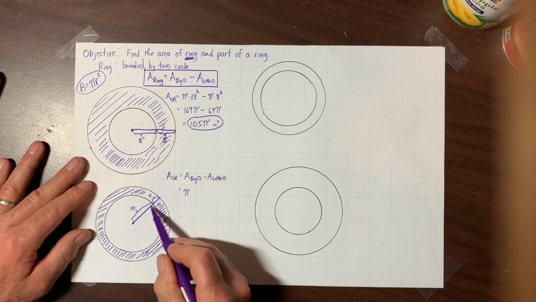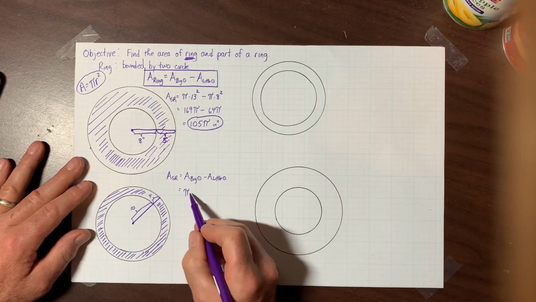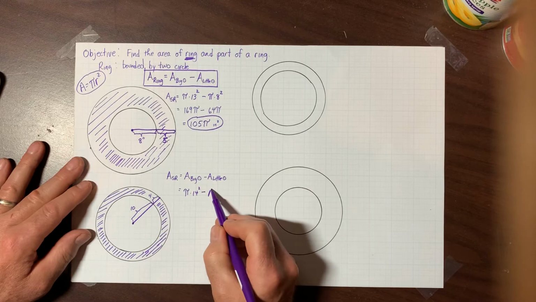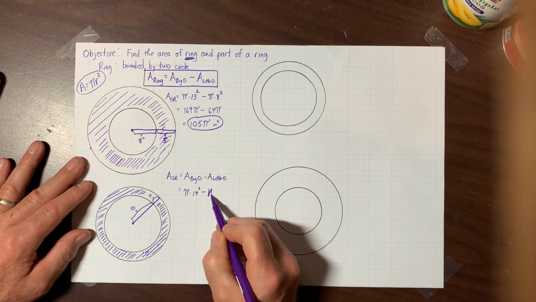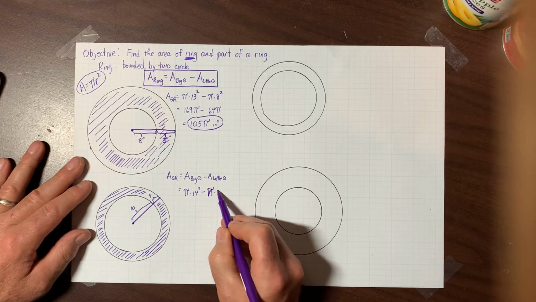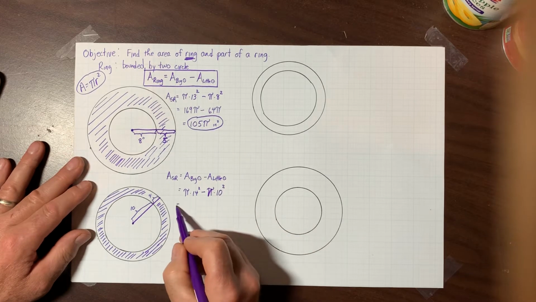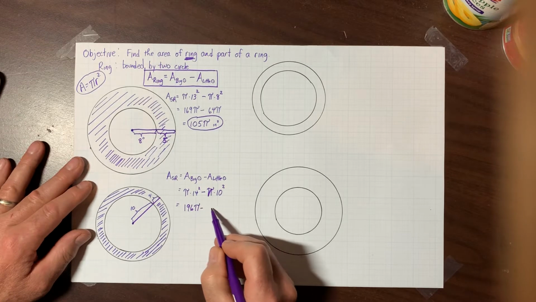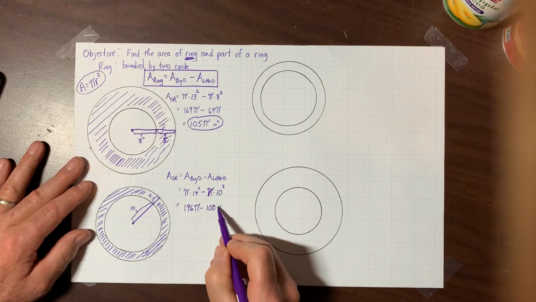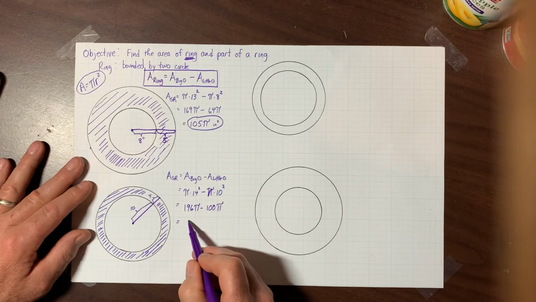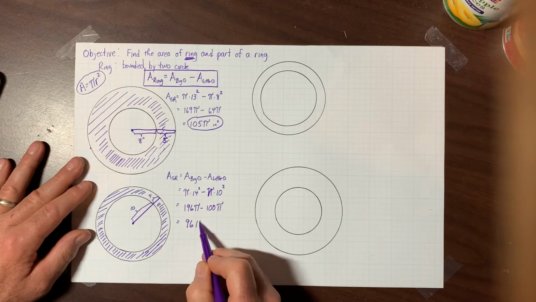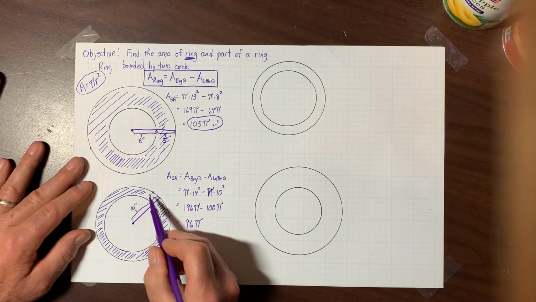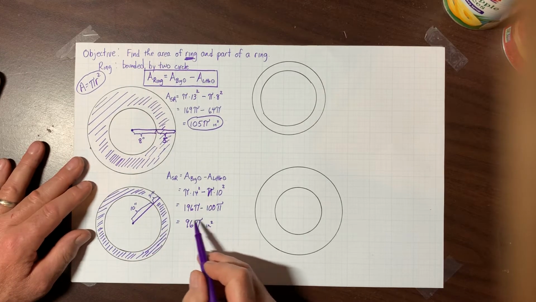Understand that the radius of the big circle is 14, minus the area of the little circle, which would be pi times 10 squared. So that gives us 196 pi minus 100 pi. And then our answer is going to be 96 pi. And again, if this is inches for our units, then this would be square inches for our area.